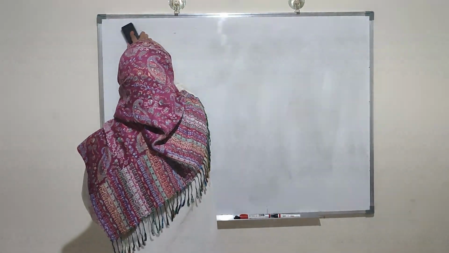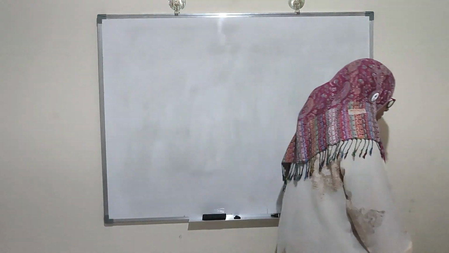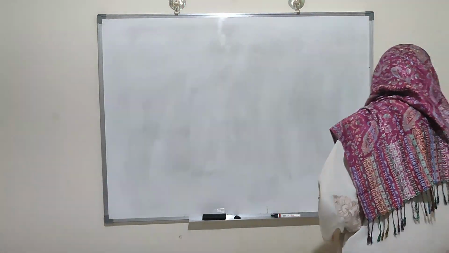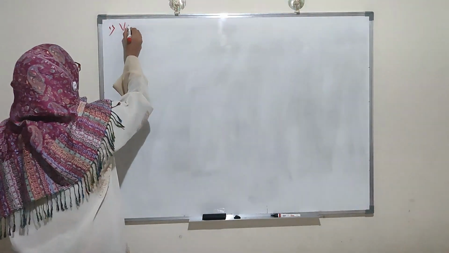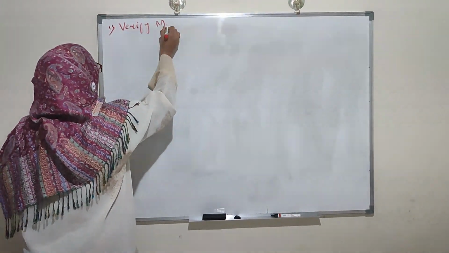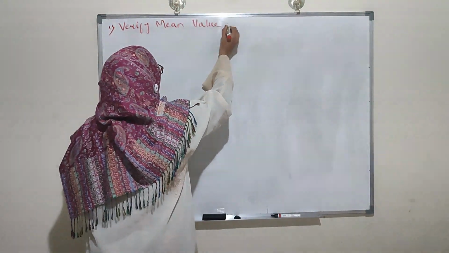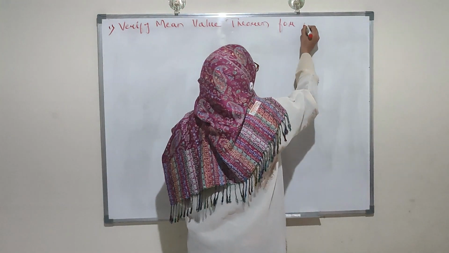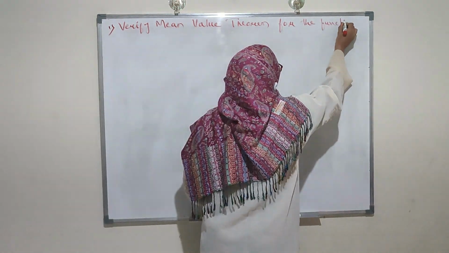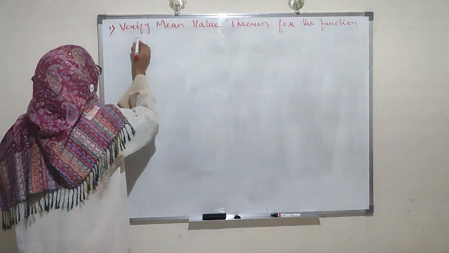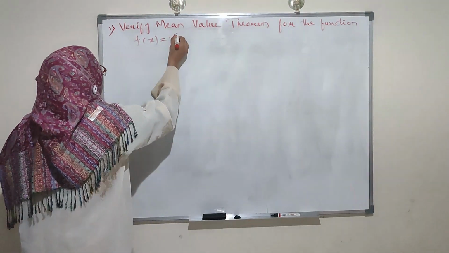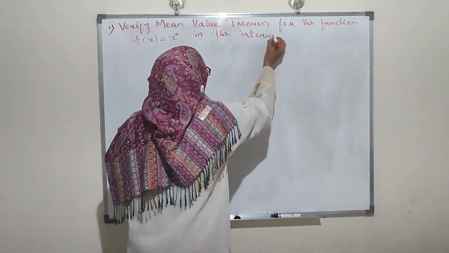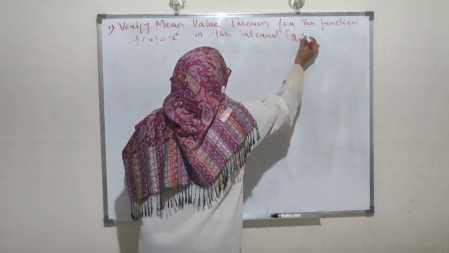Verify mean value theorem. For the function f of x is equal to x square in the interval 2 comma 4.